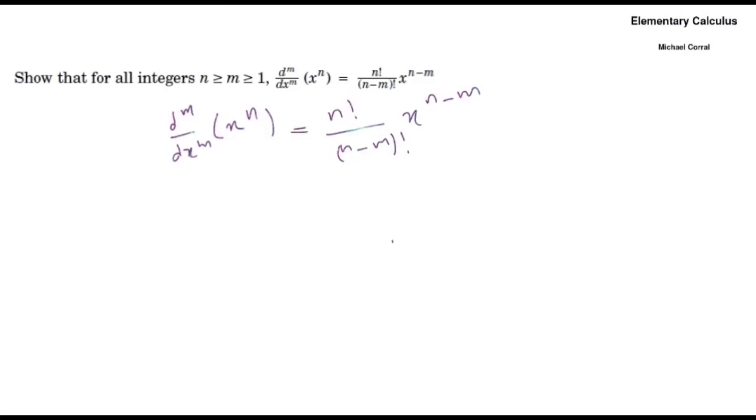So for proving this formula, firstly, we suppose that n minus m equals k, so m equals n minus k.